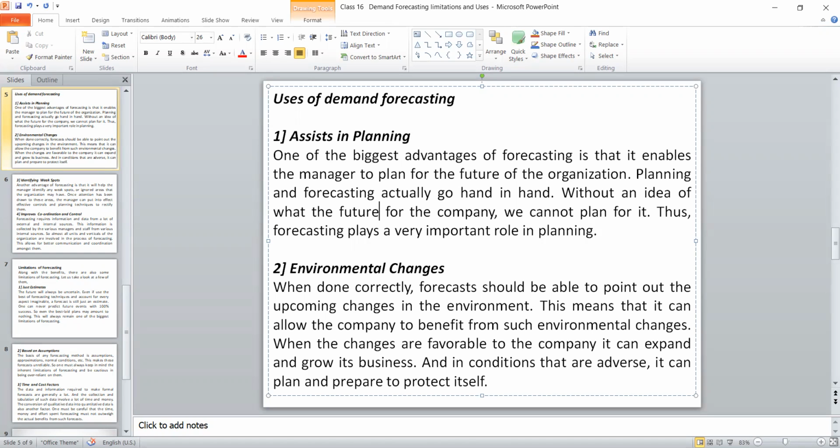Environment, business ambience, working conditions, I am trying to mention. When the changes are favorable to the company, it will expand and grow its business. Suppose it is not favorable, it will keep quiet and contract. So demand forecasting will give some idea about what the changes in the business world are, and what environmental changes are happening. All these things are possible only with the demand forecasting method.